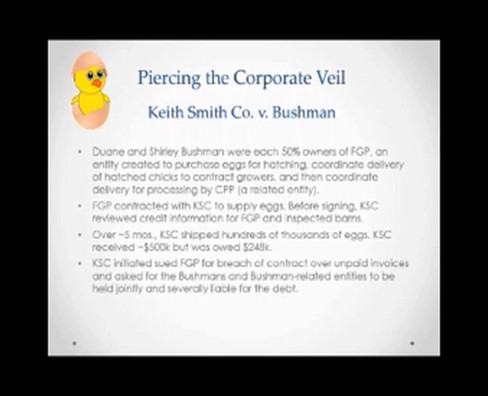Over about 5 months, KSC ships a lot of eggs to FGP and receives about $500,000 in payments, but in the end, things go badly for the business and they're owed about $250,000. So KSC sues for breach of contract over these unpaid invoices and asks that the Bushmans and all of their related entities be held personally liable for the debt.